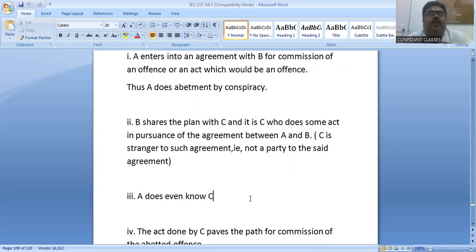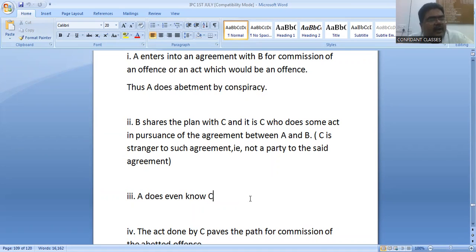There are facts to prove that there was instigation on the part of A, and therefore the offense of abetment of murder is established. Right? We have to bring evidences that we read in section 107, evidences of instigation. We have read what amounts to instigation. So I think all of you can relate to what I am doing here in these illustrations.